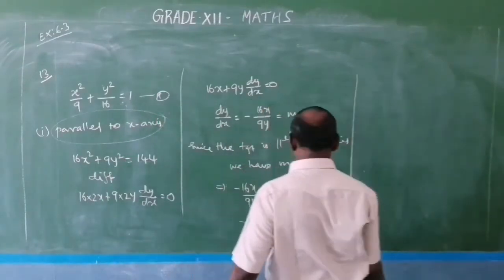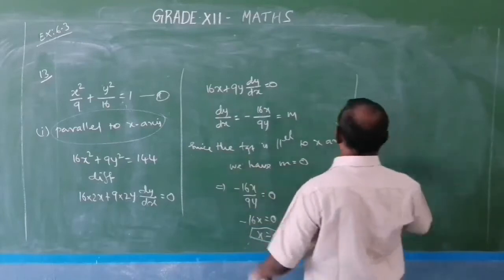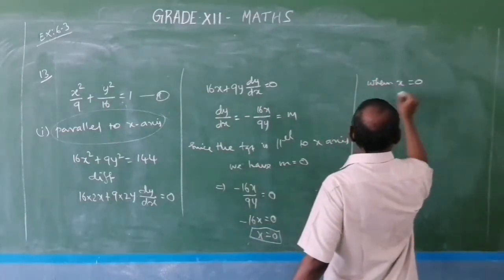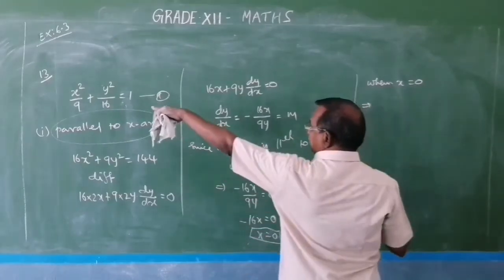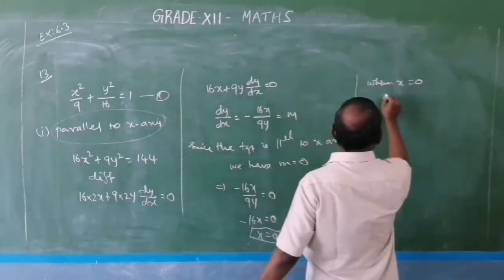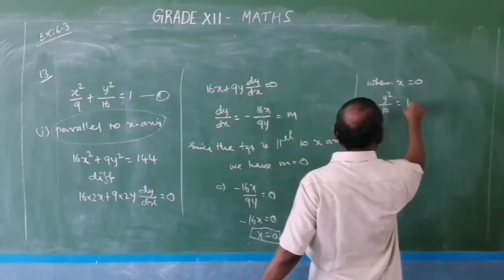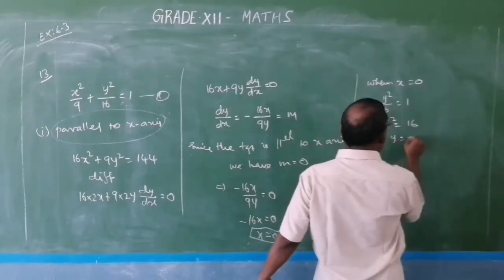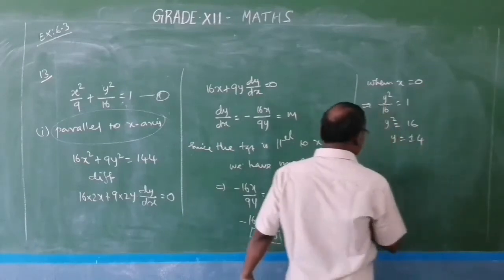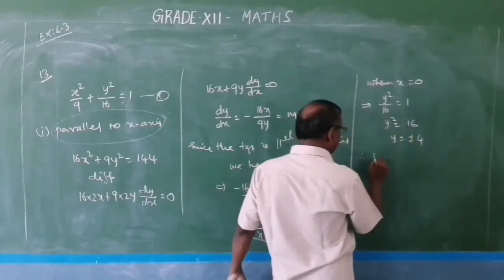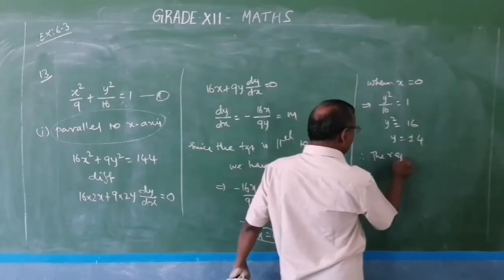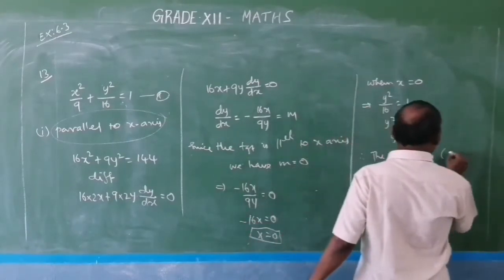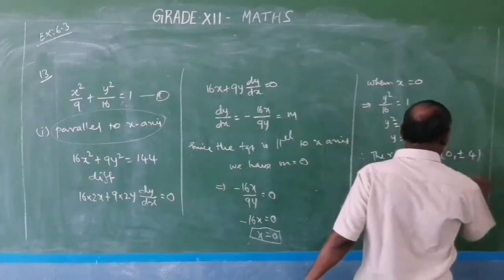Now when x equal to 0, substituting in the first equation, y square by 16 equal to 1 and y square equal to 16, y equal to plus or minus 4. In this case, the required point is 0 comma plus or minus 4.